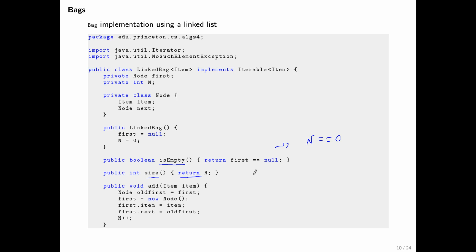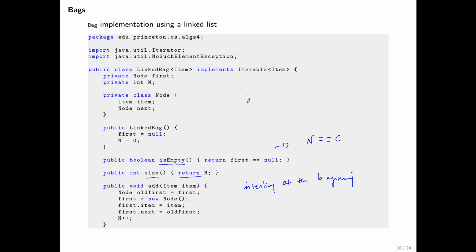And here the code that you see is basically the code that we saw before for inserting at the beginning of a linked list. Okay, and that's what you see there.